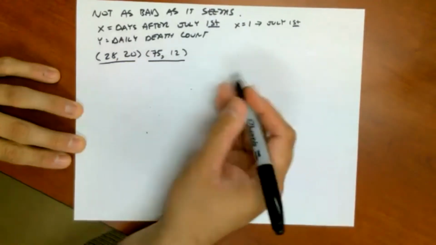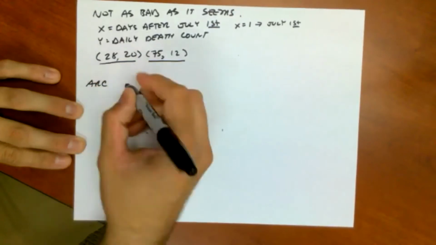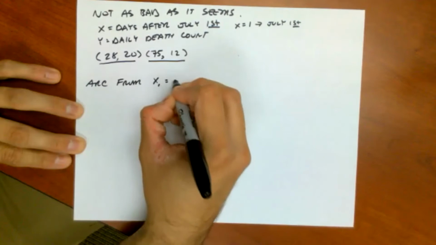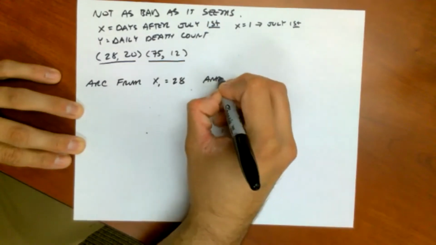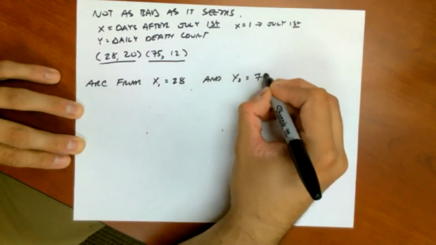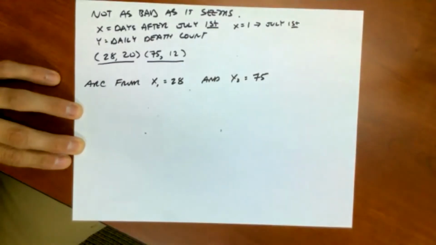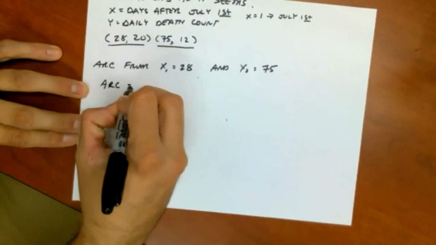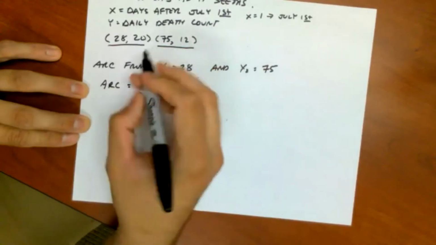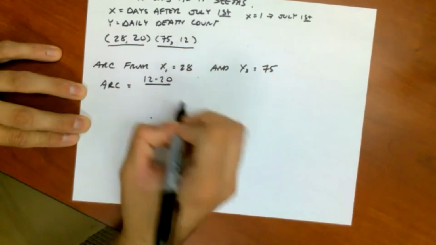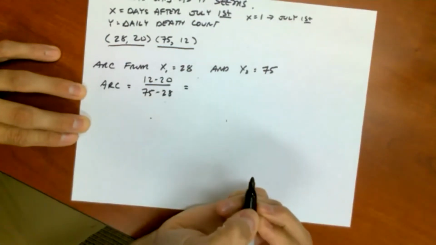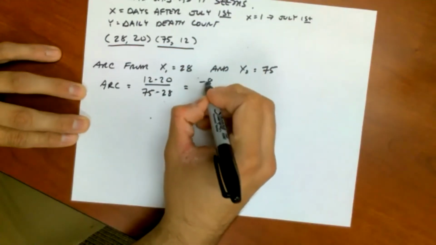So the way you would word this though is the average rate of change from X1 being 28 and X2 being 75, okay? So the average rate of change is now just the slope, 12 minus 20, change in the Y, over change in the X, okay? 12 minus 20 gives me negative 8.